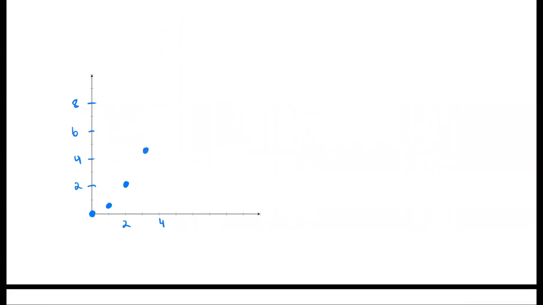And then g of 4 is going to be 8. Well, guess what? This is exactly a parabola that we have just constructed between 0 and 4. Very nice here.